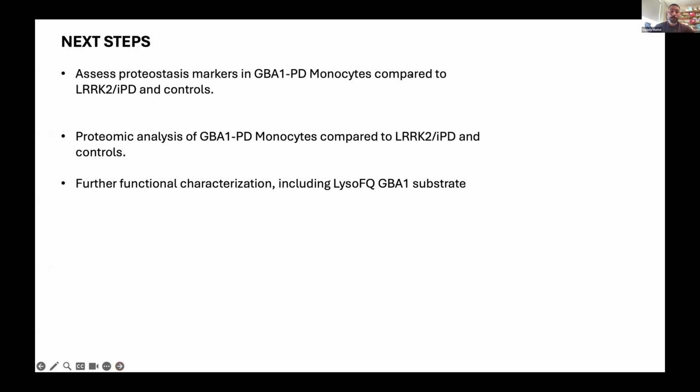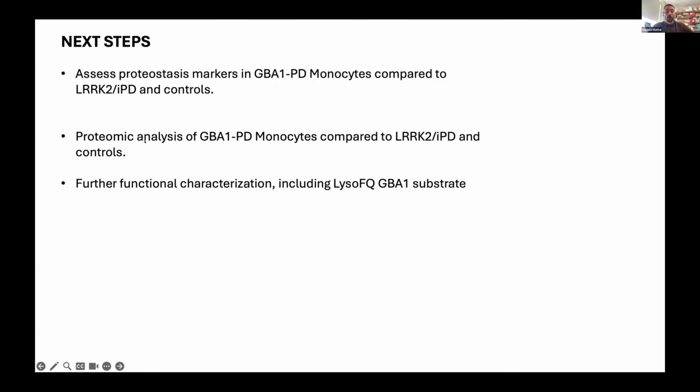And I'm also dedicating effort into better assessing this proteostasis deregulation in GBA1 PD monocytes. I did some Western blots for ISR, so integrated stress response markers and proteostasis. In the interest of time, I won't show them today. But they show upregulation of, for instance, ATF4, which is a canonical integrated stress response transcription factor involved in the regulation of ISR.